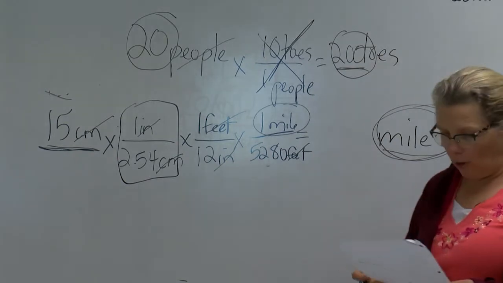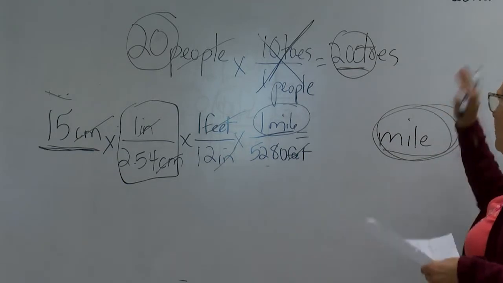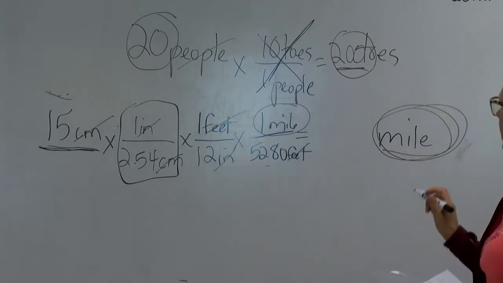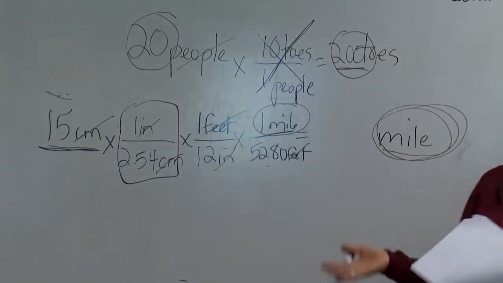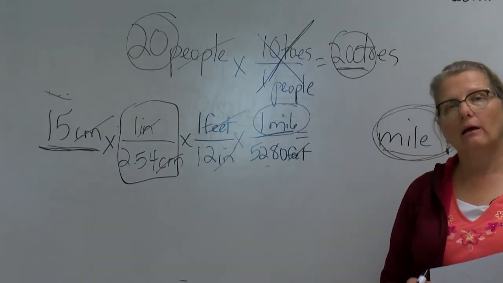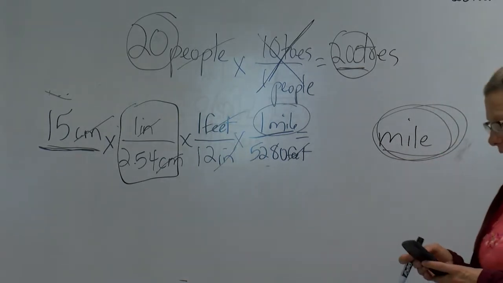Okay? So when we do the math, it comes out to a very long, drawn-out number. Now, centimeters to miles, are we going to have a number less than 1, do you think? Yes, we're going to have a number less than 1. Let me just do the math here.